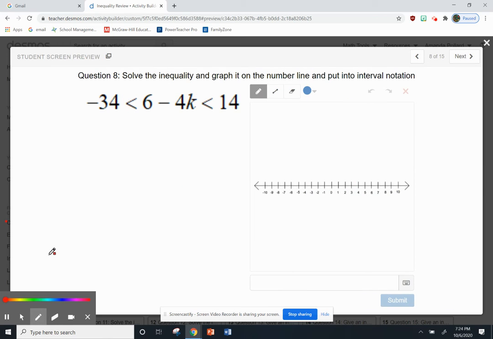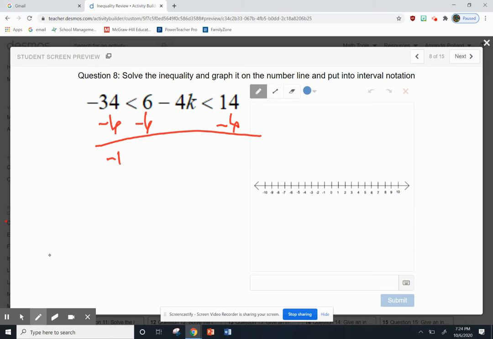This is the same type of problem, so I subtract 6 from both sides. And I get -40 is less than -4k is less than 8. Divide by -4, and we get 10 is greater than, so we have to flip the sign, is greater than -2.